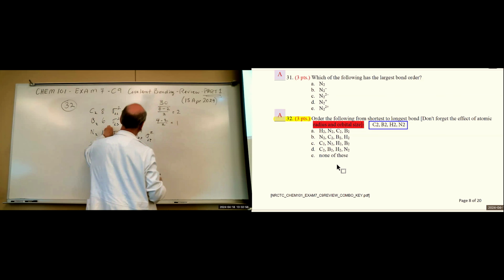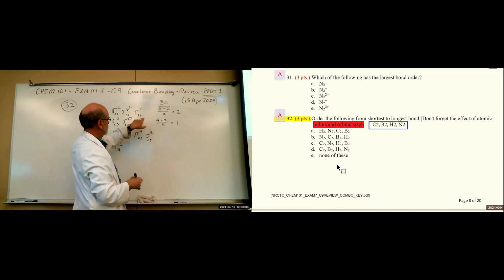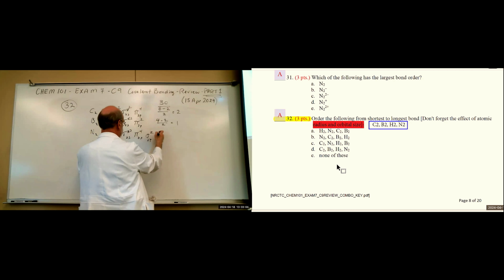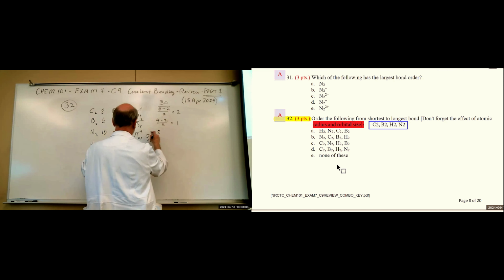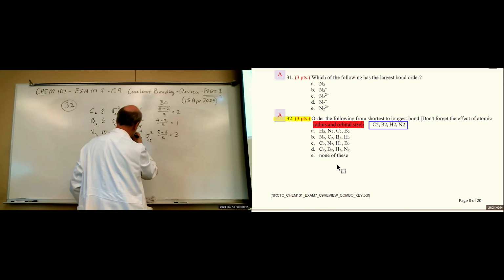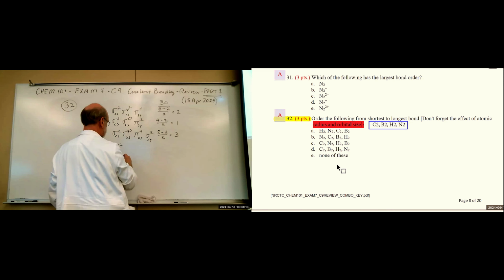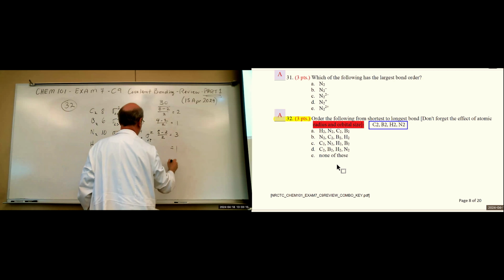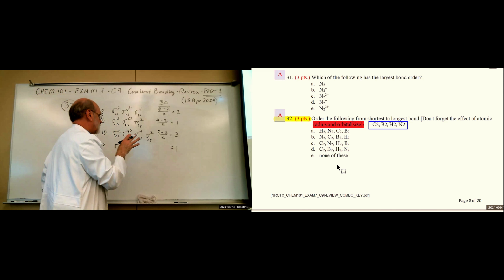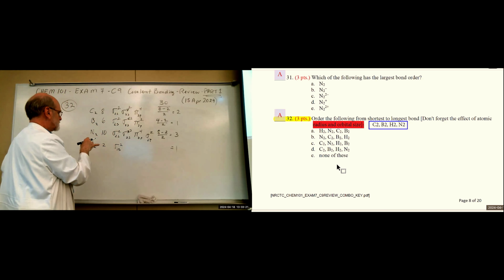All right, 2 plus 2 is 4 minus 2. This one has 4, 5, 6, 7, 8 minus 2 divided by 2 equals 3. And hydrogen, we've done that before, that equals 1. Okay, so that gives us the bond order.